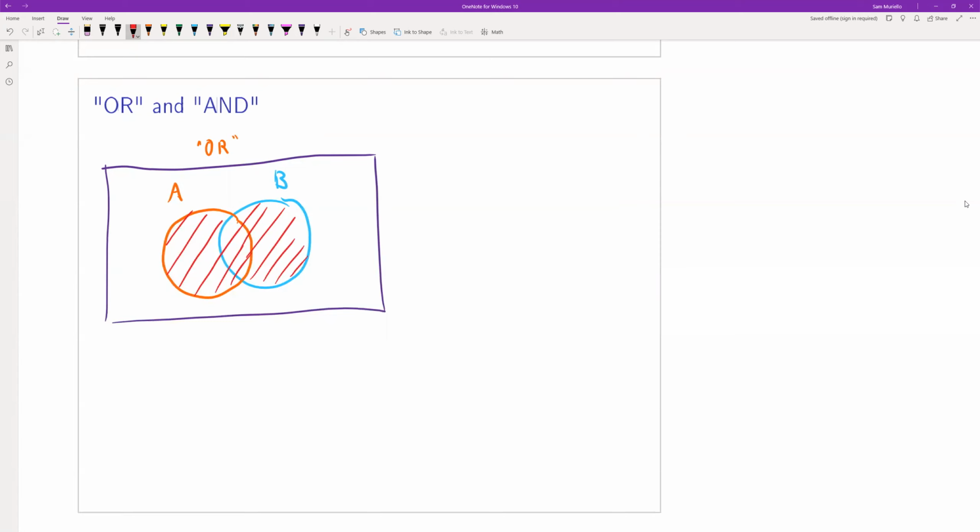A, B, and the overlap are all included when you're talking about "or". So we've got the probability of A or B. You may occasionally see a fancy symbol for A or B, but we'll usually be using the text, the letters "or" in this class.